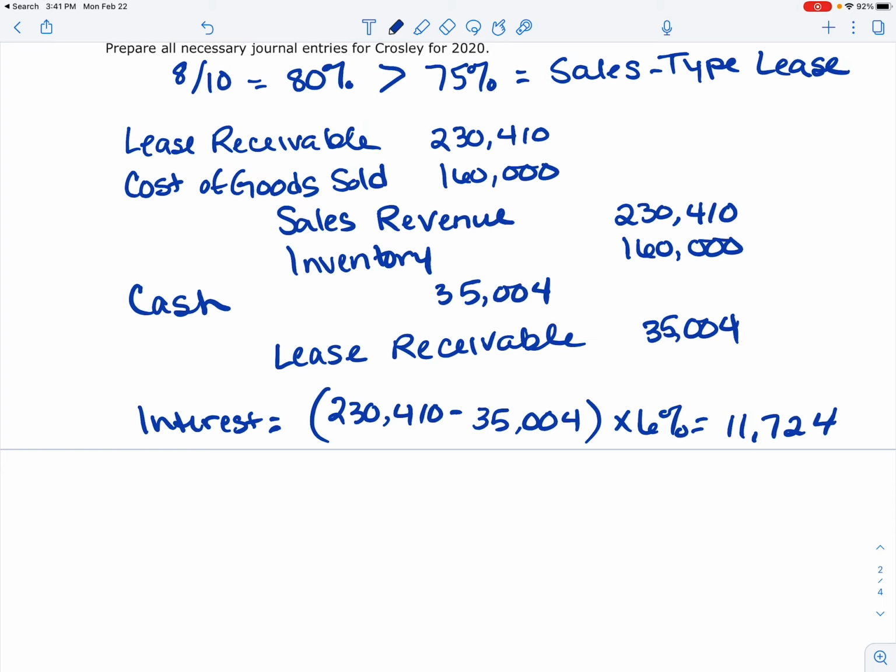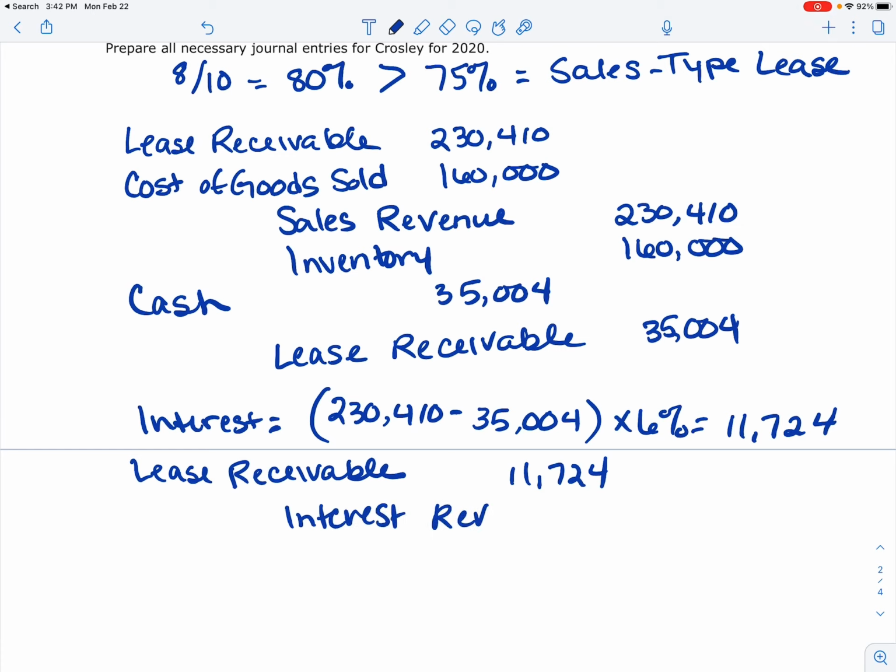So when we record that interest revenue, we're going to actually debit our lease receivable $11,724, and we're going to credit our interest revenue. So this is happening at the end of the year. This is happening all at the beginning of the year.